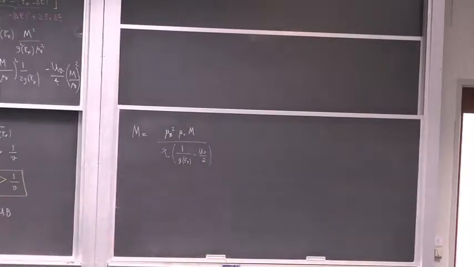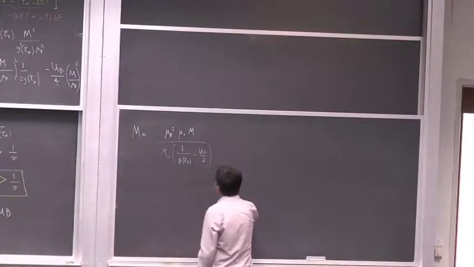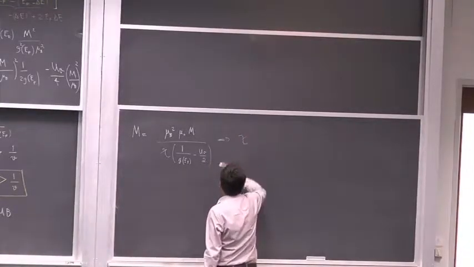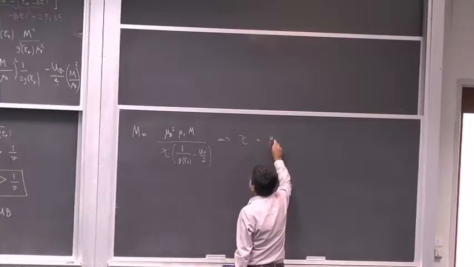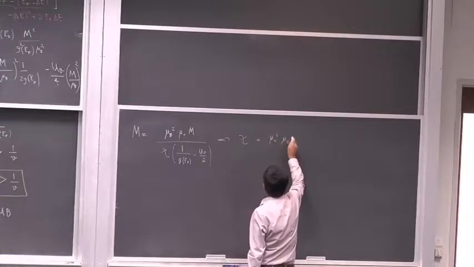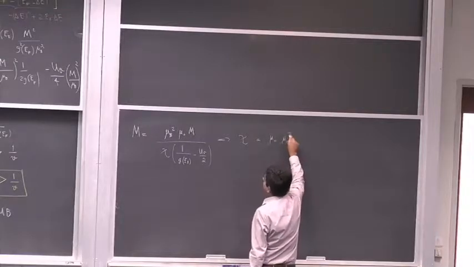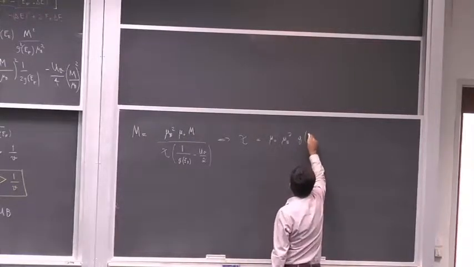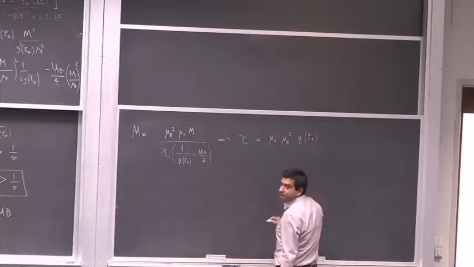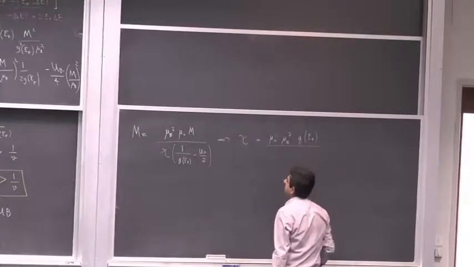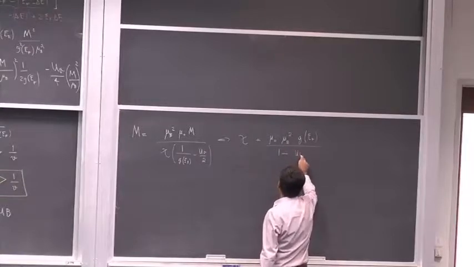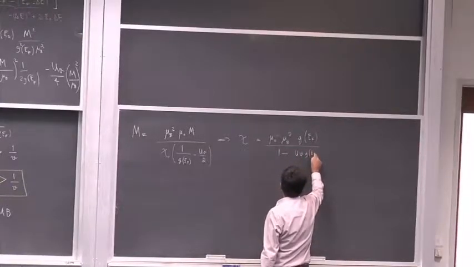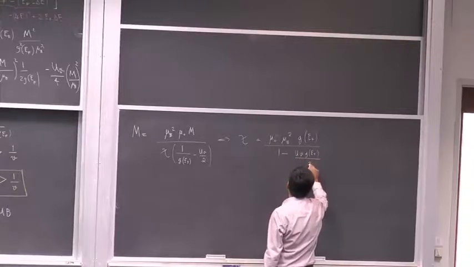So this means that the susceptibility chi is mu naught mu B squared GEF over 1 minus UV GEF over 2.